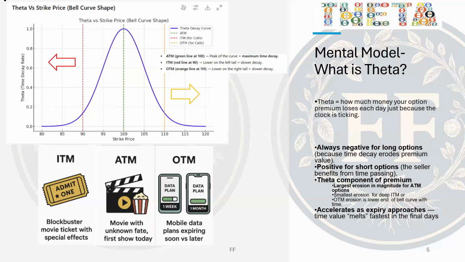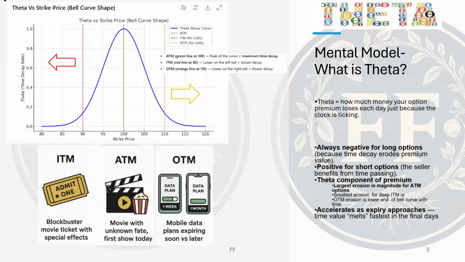Now, this is a direct contrast to that of the out of the money contract, which is at $110 call option. One can view it as if we are comparing, let us say, two data plans that we are getting today. One data plan expires in 1 week, another data plan from the same vendor expires in 1 month.